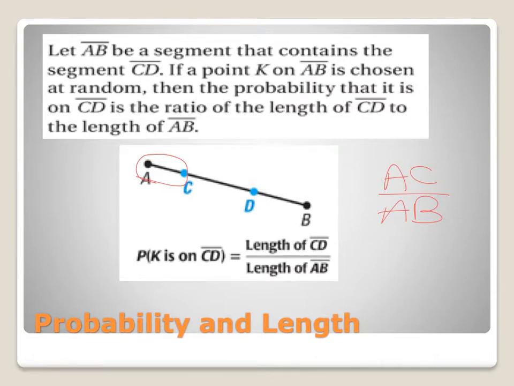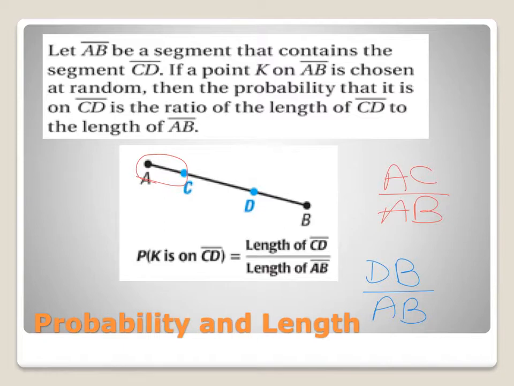Right now it's lines, or segments, but it's going to eventually change. If I asked the probability that a point lands on DB, I would put DB over AB. What's the probability that a point would lie on AB? 1 or 100%. Does that make sense?